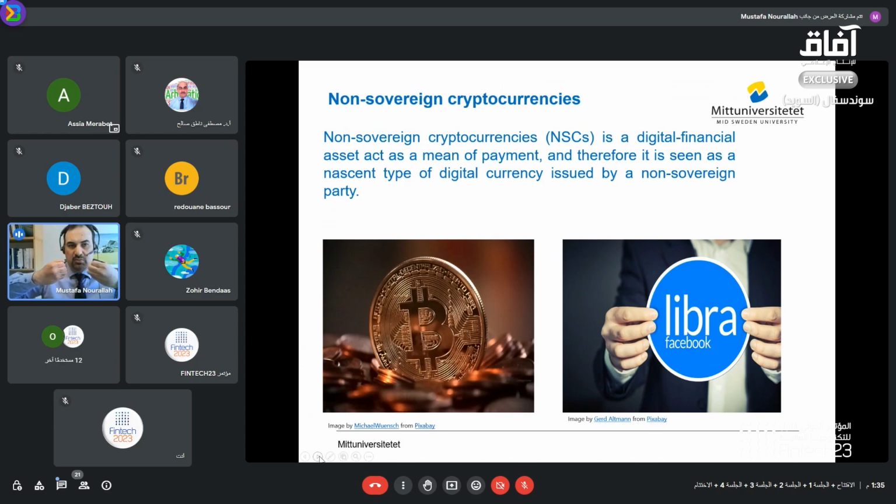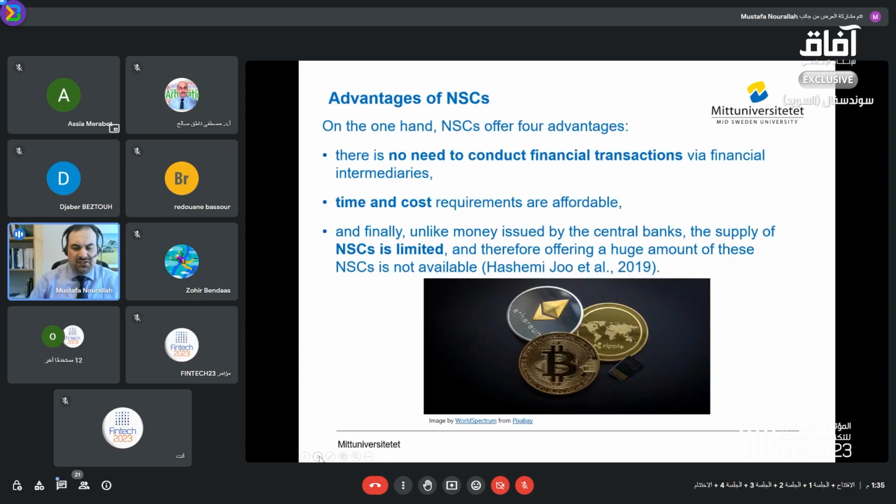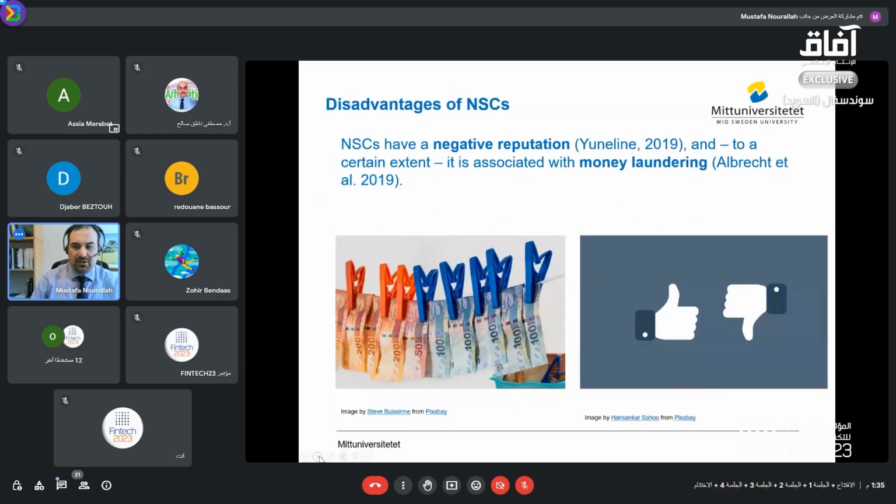This type of non-sovereign cryptocurrency has some advantages, like there are no fees to conduct transactions, but we still have some negative consequences, probably some negative reputation, since it's associated with money laundering.